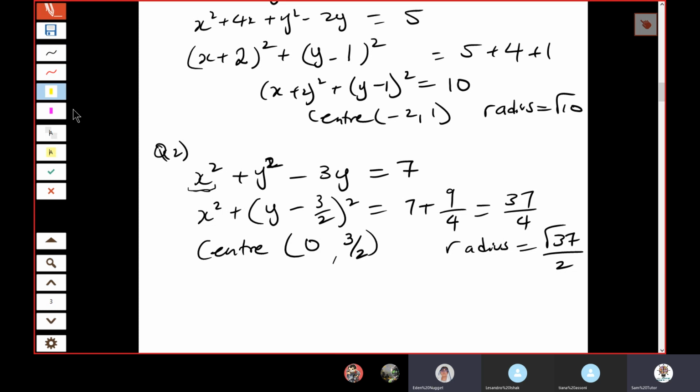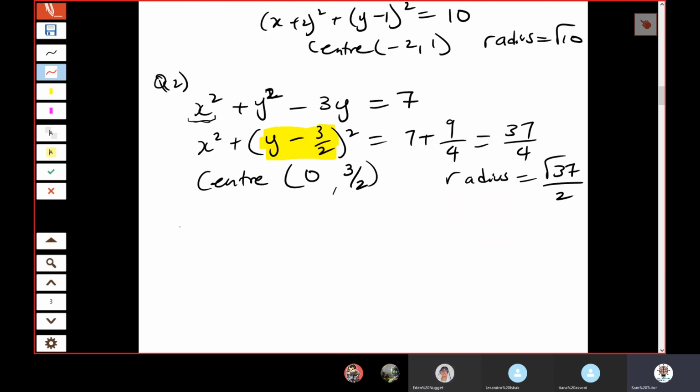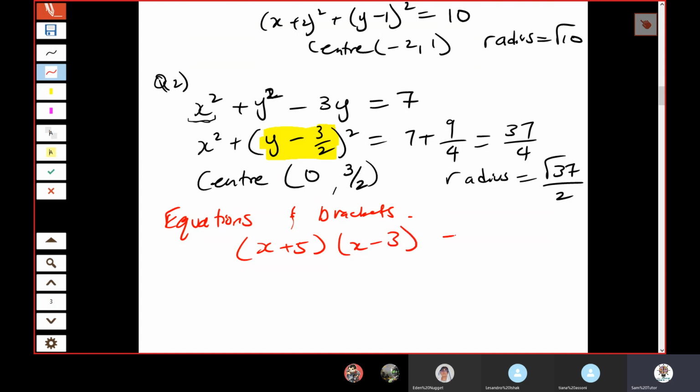Okay. What's the one thing you've learnt now from equations and brackets? I'm just trying to make your life easier. I want to make all of your lives easier. Equations and brackets. So ready? Here's a bracket. And that's an equation now. What are your answers always?